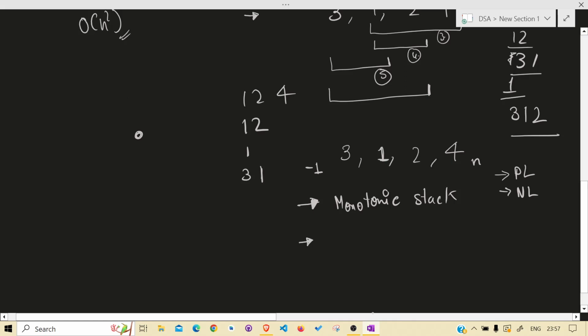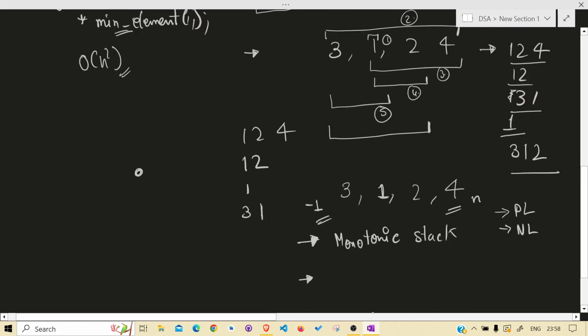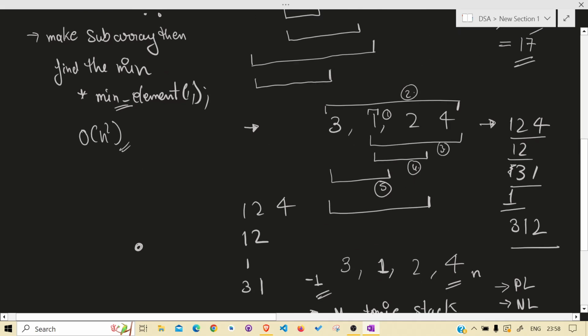So if we find the previous smallest and next smallest for 1, we can easily get its contribution. There is a mathematical formula also to get this done. What is this length?